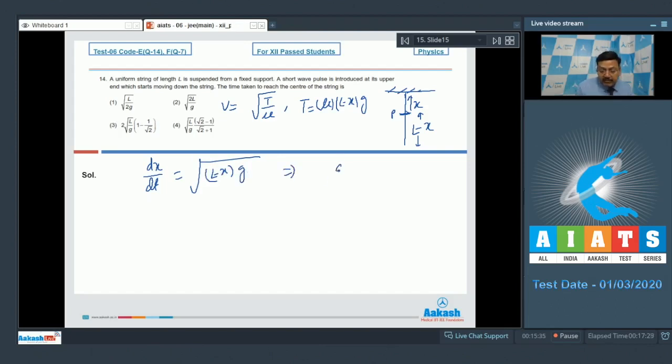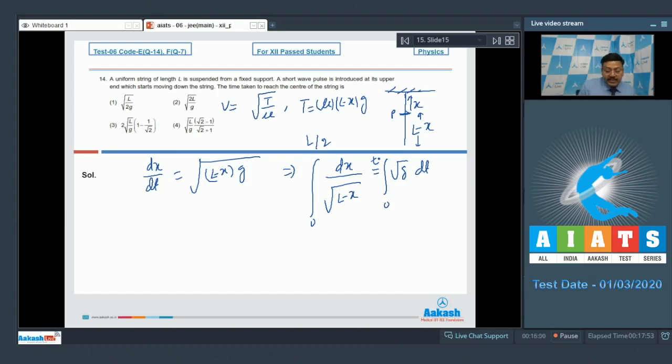So to find the time, we have the differential equation now. This is dx by under root of L minus x, and on the right hand side is root g dt. So we can now integrate. The value of x is going from 0 to L by 2, whereas the value of t is going from 0 to t. And let's integrate.